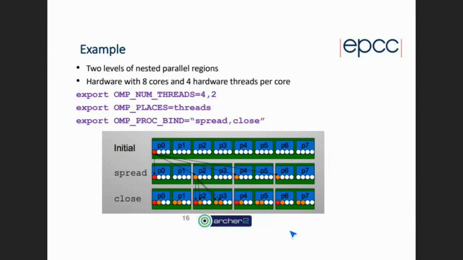So this just allows you to place the threads in the hardware, but that doesn't necessarily determine where your data is going to go. But for example, if you wanted to try and solve your NUMA problems via nested parallelism, then yes, at least you have the power to get the binding right.